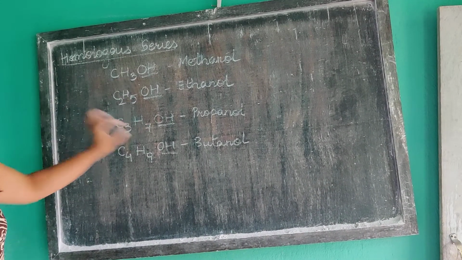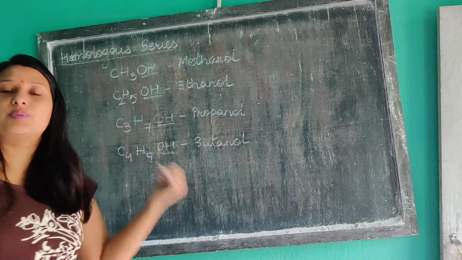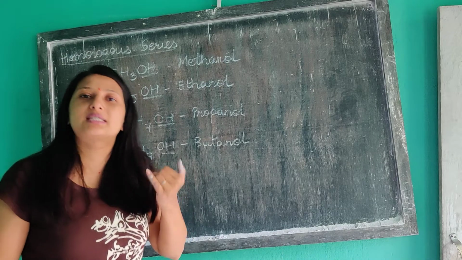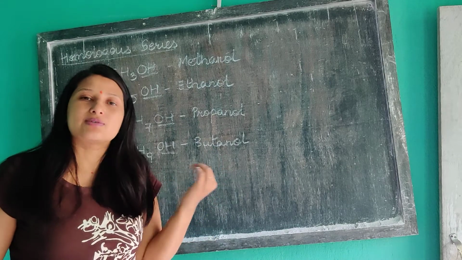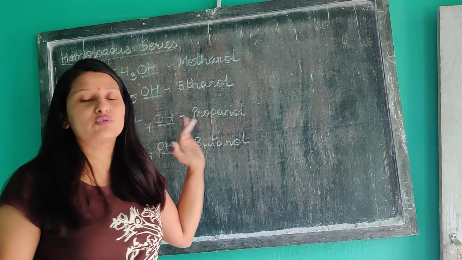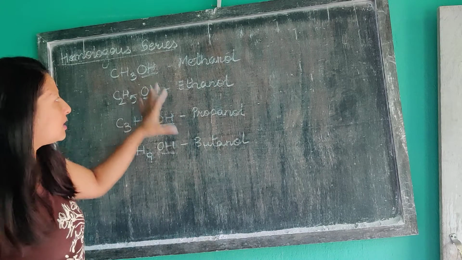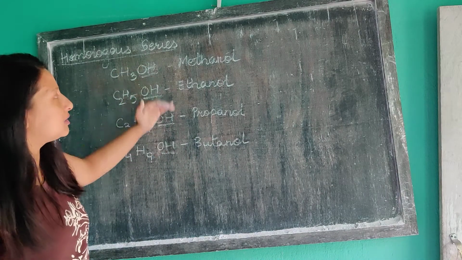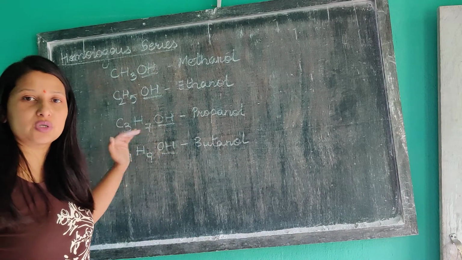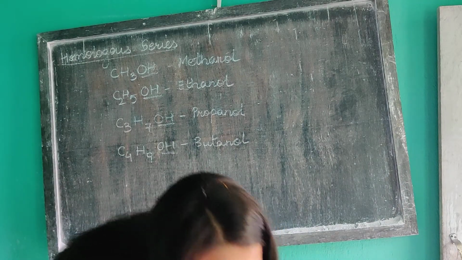So if the functional group is same, then the chemical properties of all these substances will also be same, because as we discussed earlier, the chemical properties of the carbon compounds depend upon the functional group present in the carbon compound. So here, since all the compounds have the same functional group, they will have similar chemical properties.